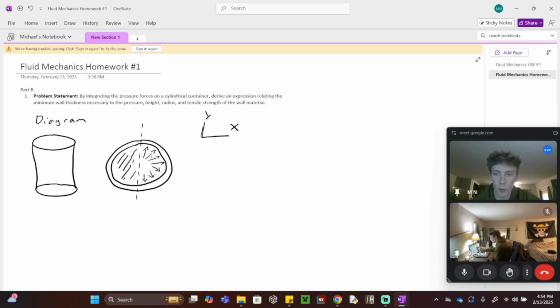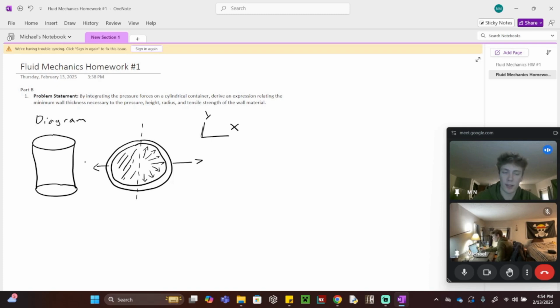The forces acting in the y direction have an equal and opposite force acting on the other half of our cylindrical container, so the forces in the y end up canceling each other out. However, the forces acting in the x direction will end up adding up and trying to pull our cylindrical container apart.